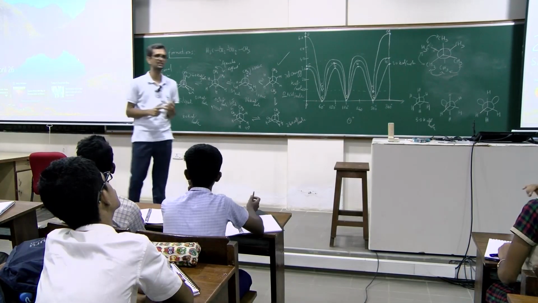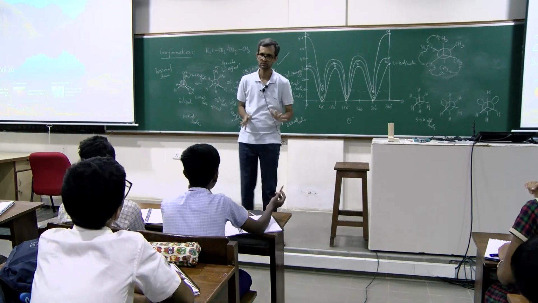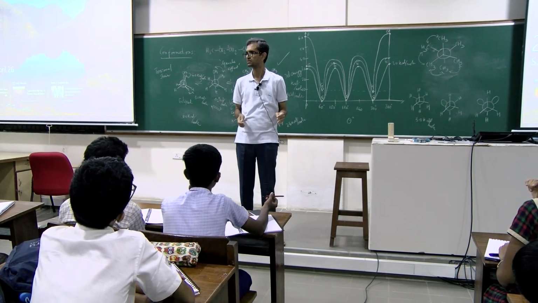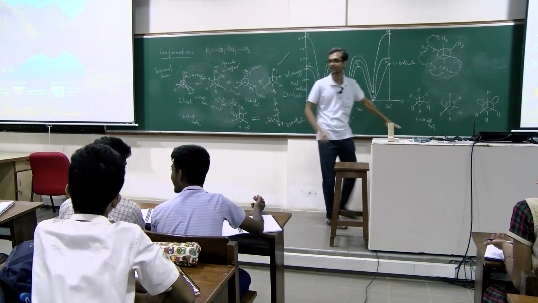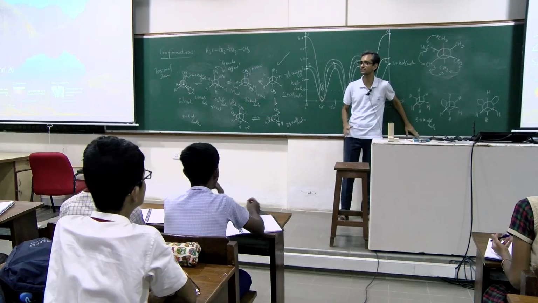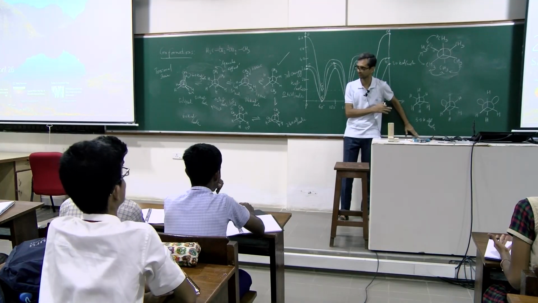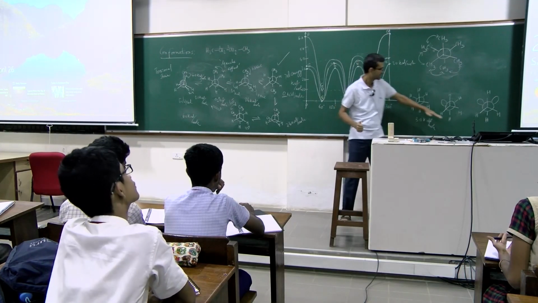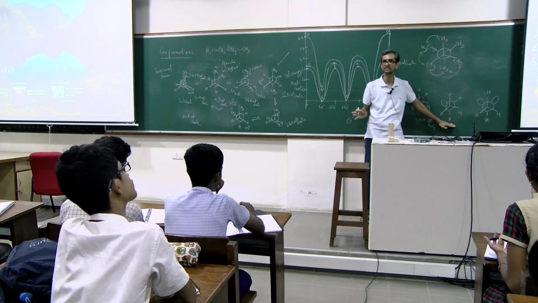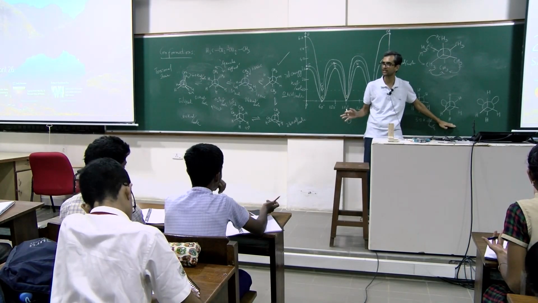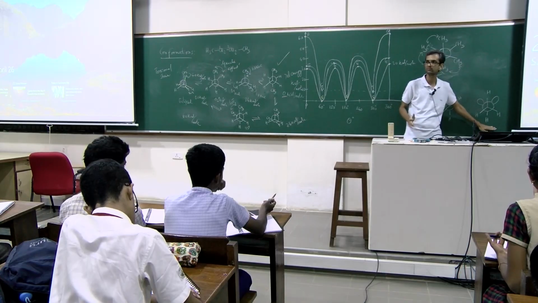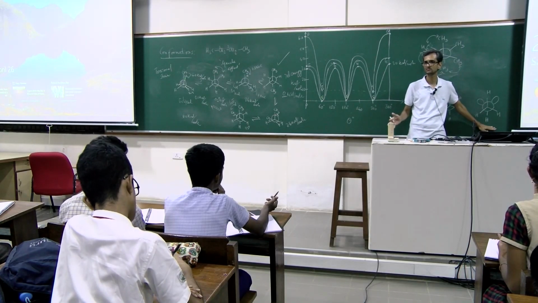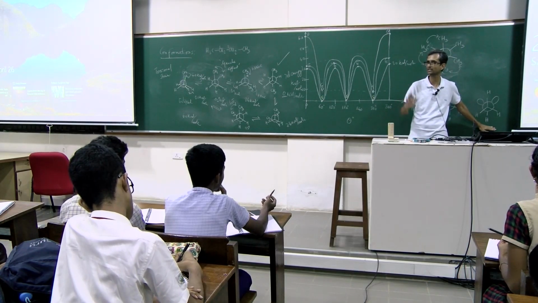So the CH eclipsing interaction is absent. Here 3 CH, here 3 CH torsional interactions. Here you will have two CH-CH eclipsing interactions. Here you will have only one CH-CH eclipsing interaction.